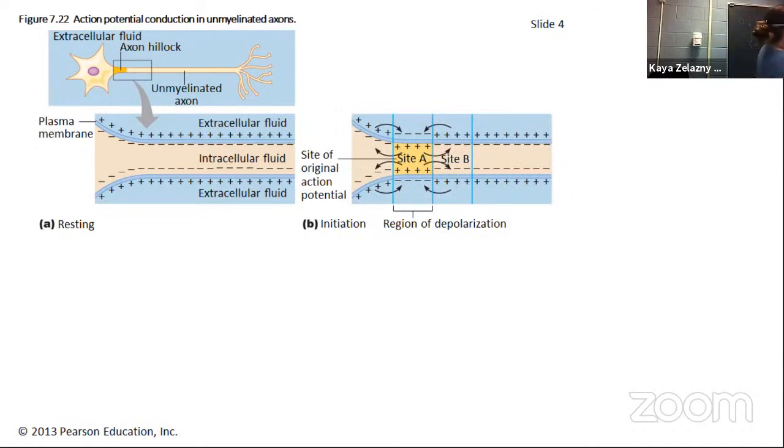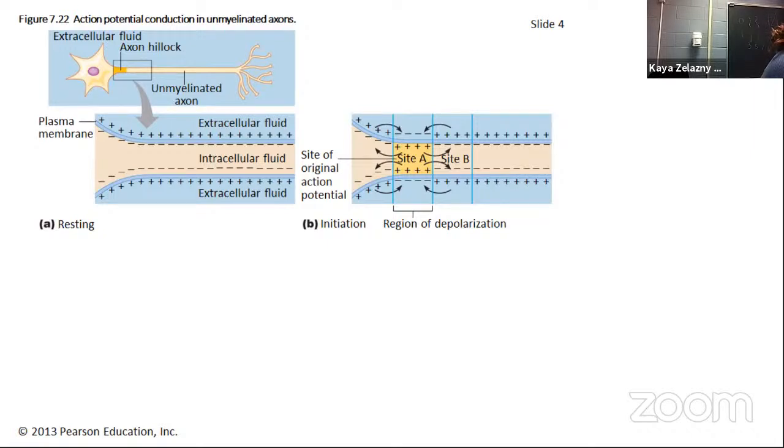As we start to fire off the action potential, we're going to start to trigger portions of the membrane. In this image, we can see site A currently undergoing that depolarization effect. So what are those positive cations that we see inside of site A?